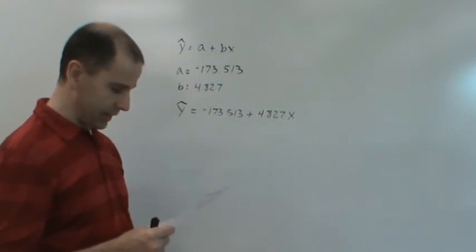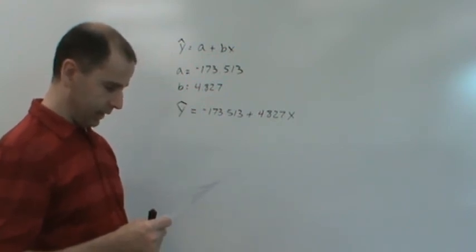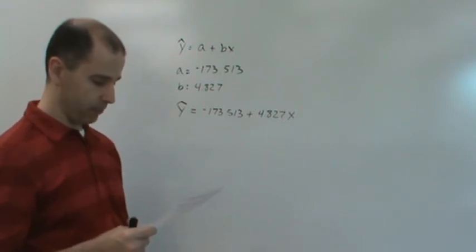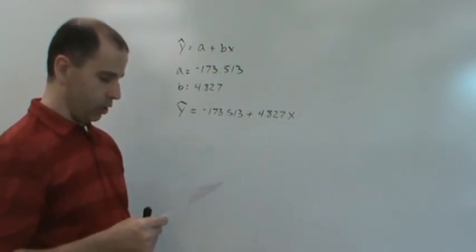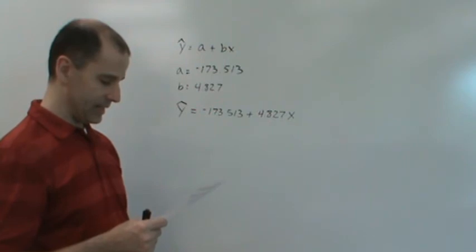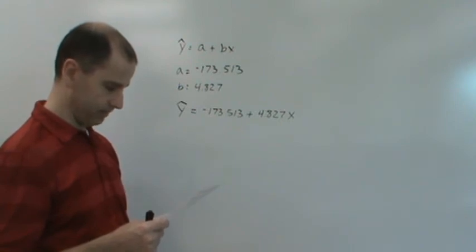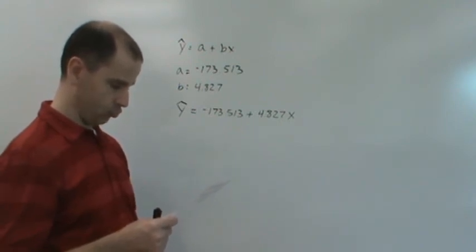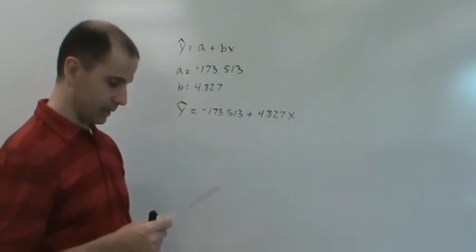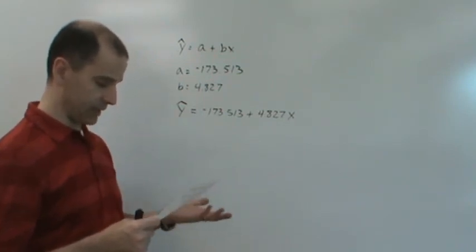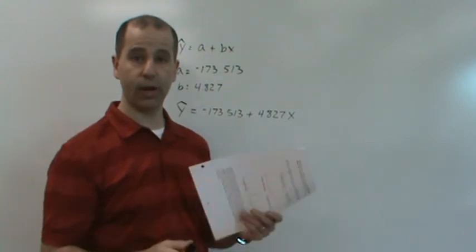Let's say I want to predict the score on the final exam for a student who gets a 68. They don't have a 68 on there. We don't know 68, they don't have a value on there.